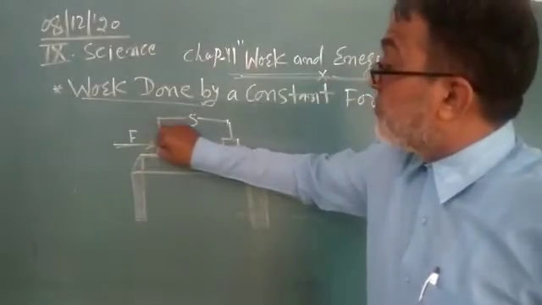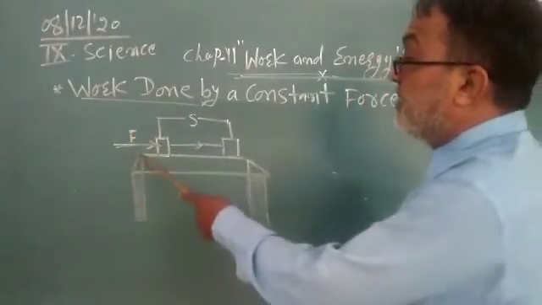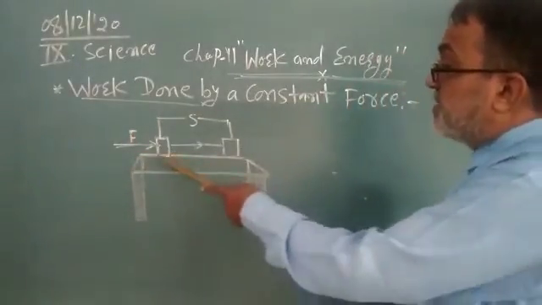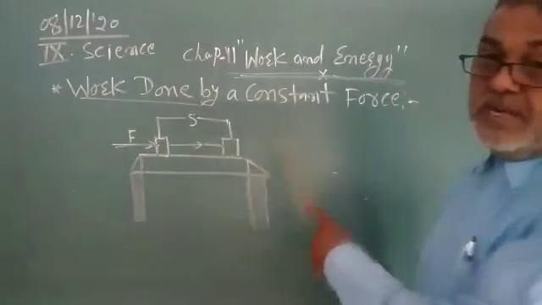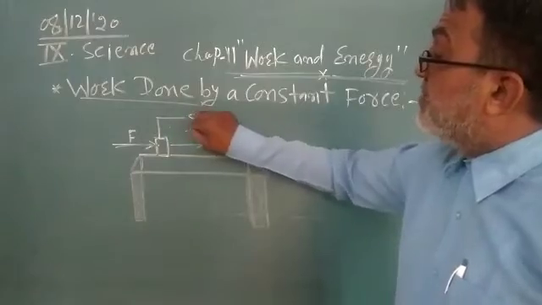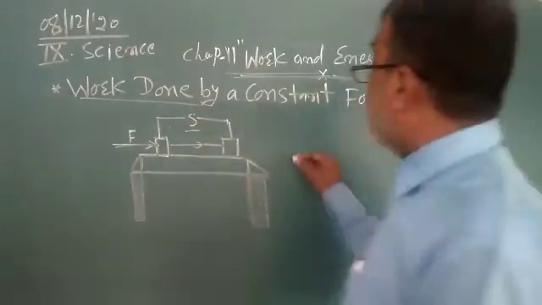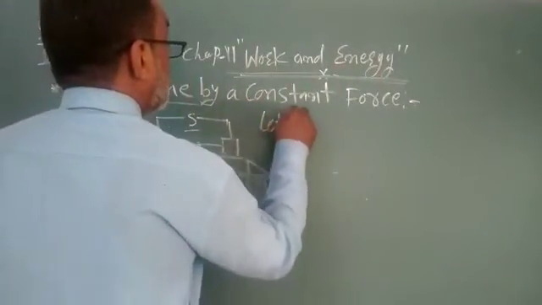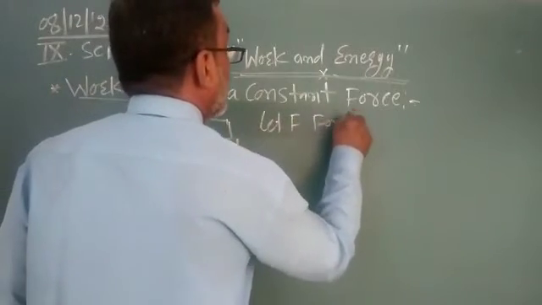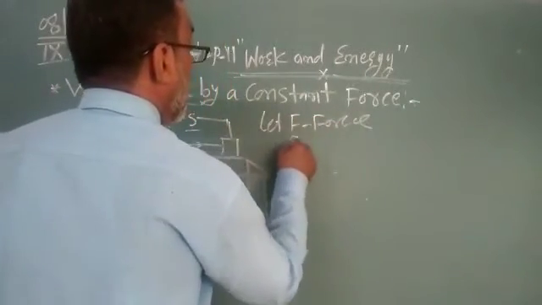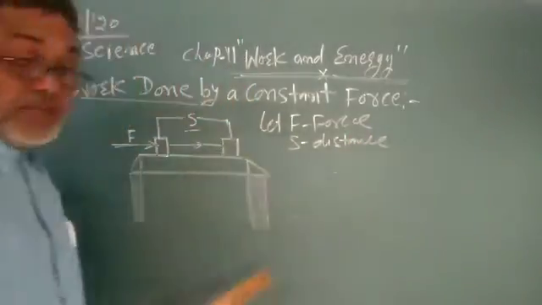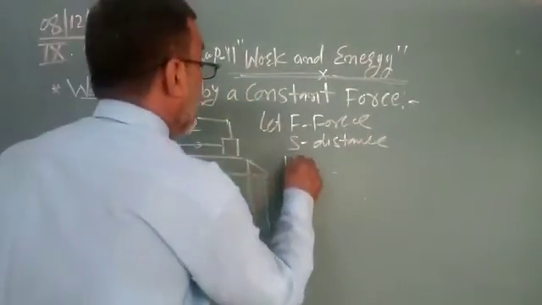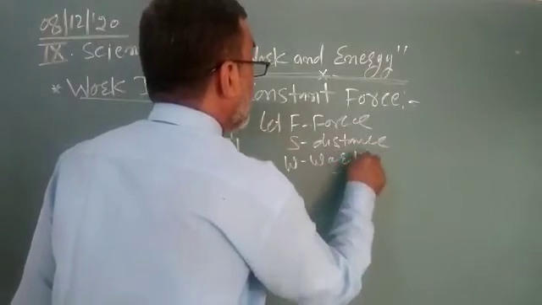So when you push or apply the force in the same direction as the displacement, the object changes its place and moves a distance s. Suppose F is the force, S is the distance, that is, the displacement, and W is the work done.